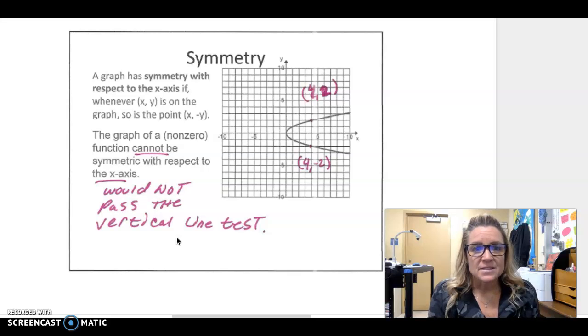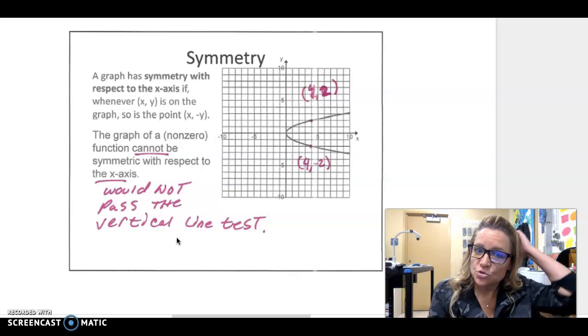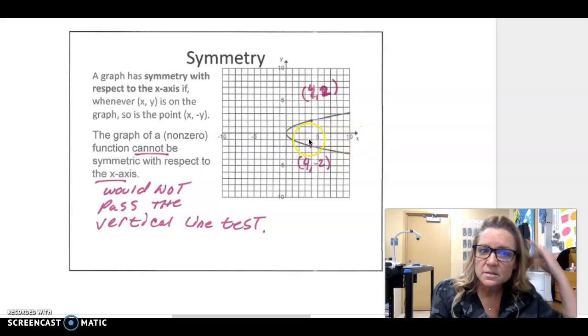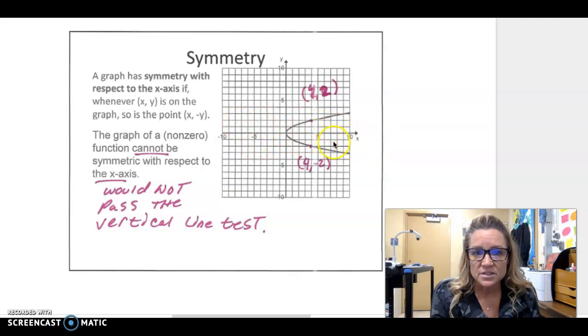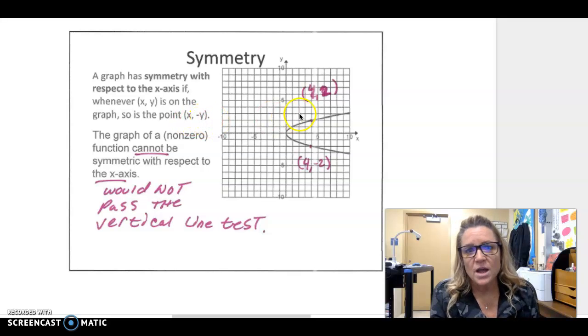A graph has symmetry with respect to the x-axis. So going this direction, here's the x-axis, and this time the point x, y is going to switch to x and the opposite y, or negative y. So this red point right here is at 4, 2, and its symmetry over the x-axis is going to be 4, negative 2.